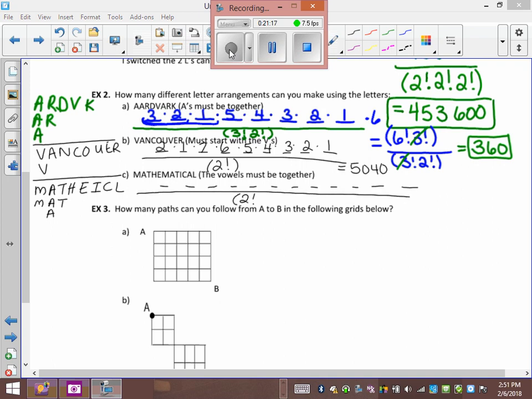Two factorial for the M's, 3 factorial for the A's, 2 factorial for the T's. Vowels must be together. We have A, A, A, E, I, so 5 of them. So we have 5 options, 4, 3, 2, 1. Then 7.